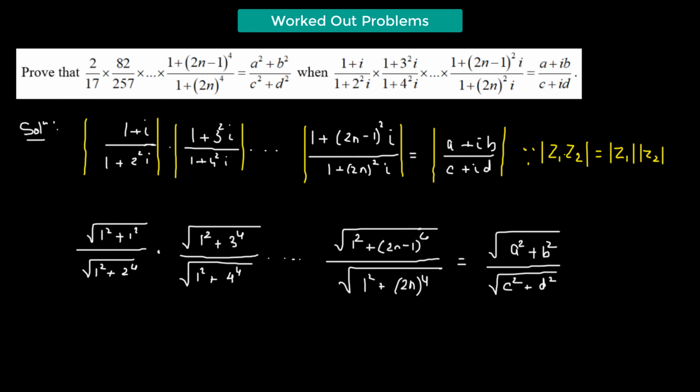Now we're going to take the square on both sides. So we're going to square both sides, and that should give us the final result.